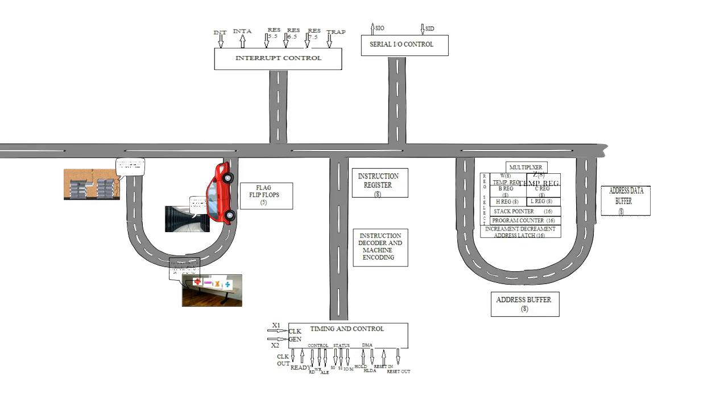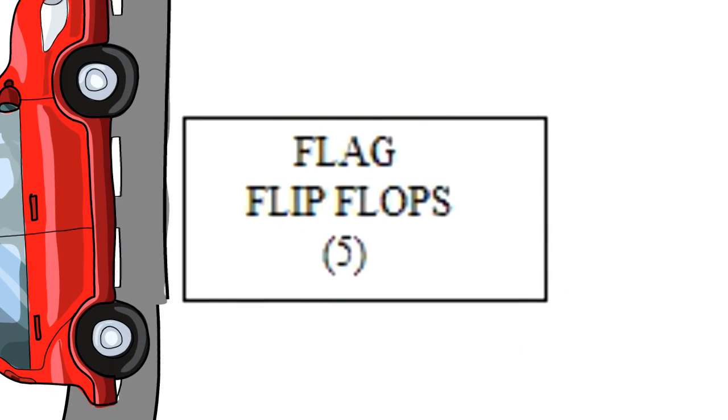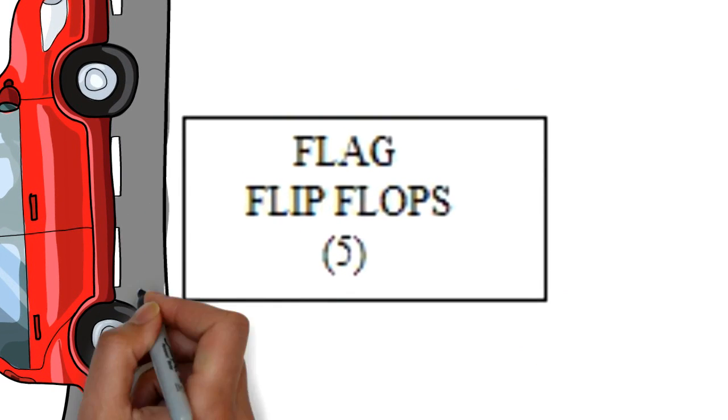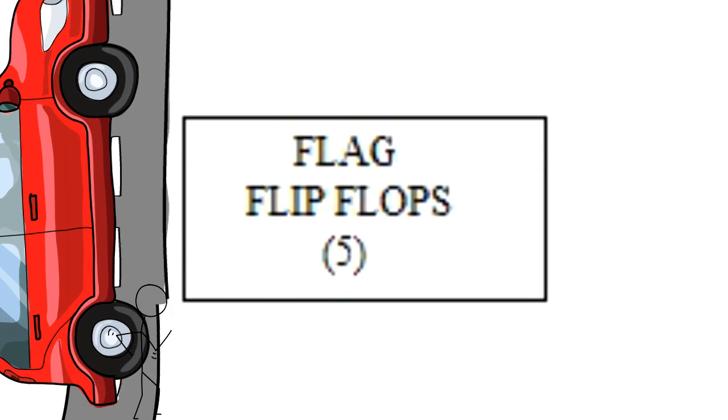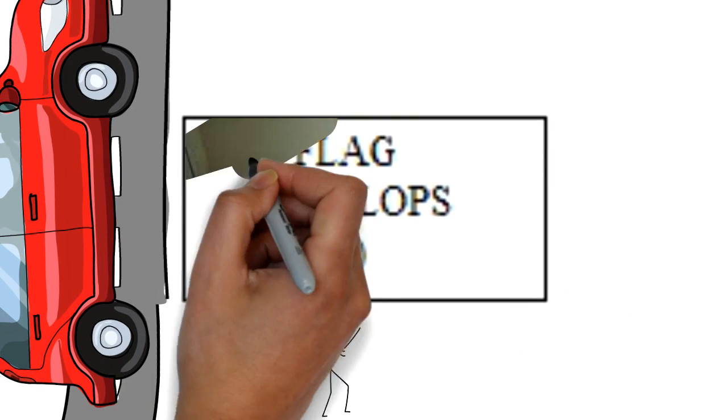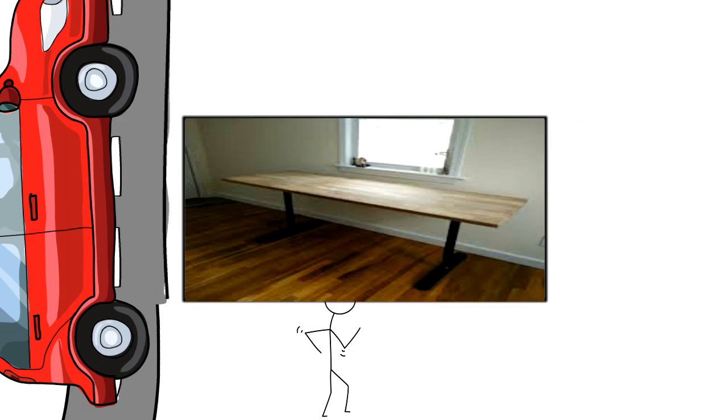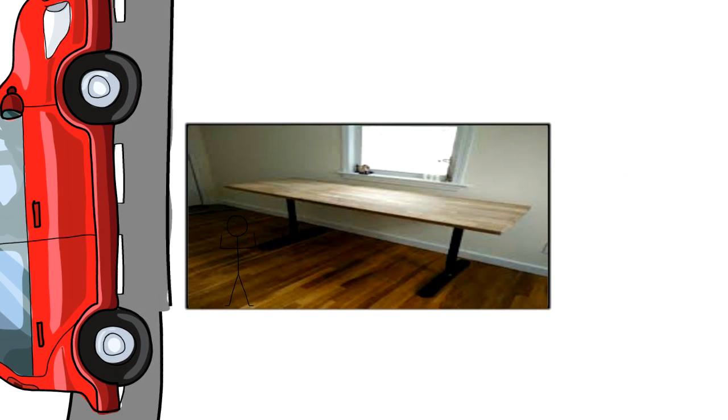So, let's turn towards the flag flip-flops. Here, in flag flip-flops, you can see the orientation, the position of the sign, zero, auxiliary carry, parity, and the last, the carry.